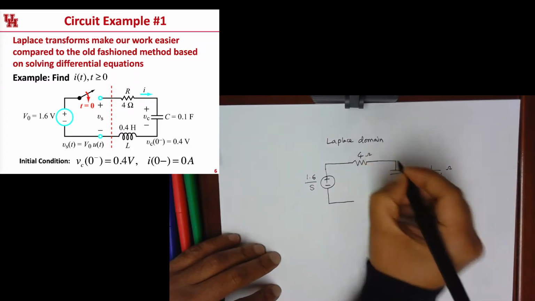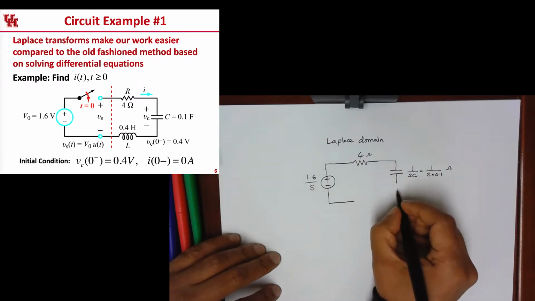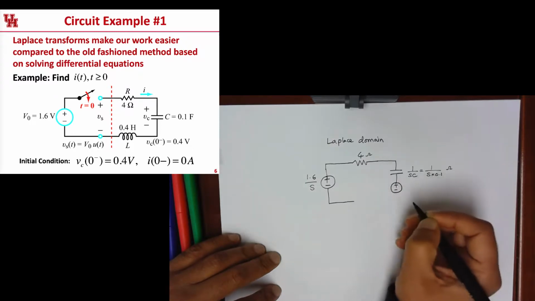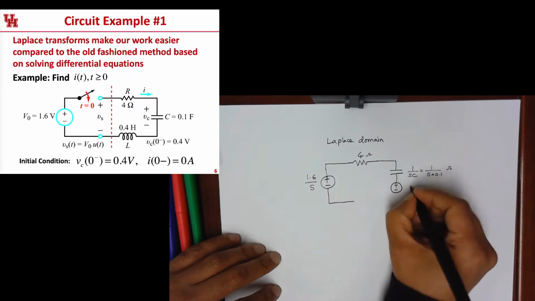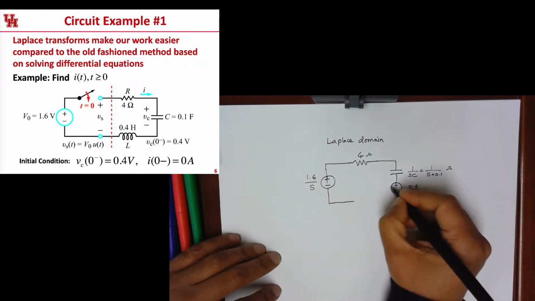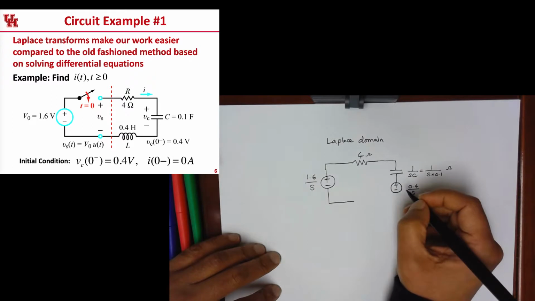And then this capacitor has an initial voltage of 0.4 volts, so we have to have an initial voltage source here, whose value is going to be 0.4 volts divided by S. Remember, this appears kind of like a step function for all intents and purposes.